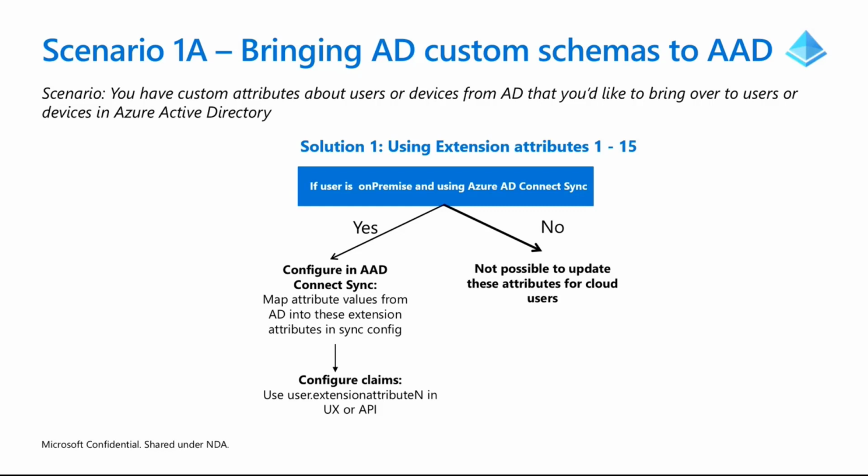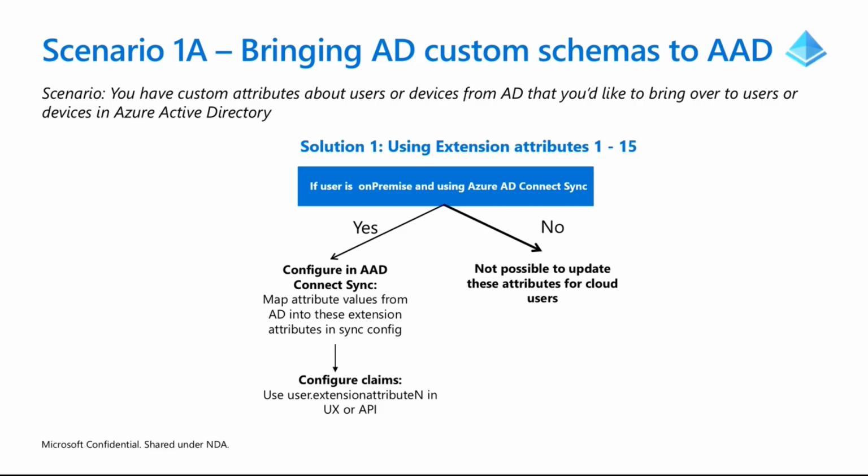Matthew, I can see your hand raised, so go ahead. Thanks. Is it true that extension attributes from Active Directory, extension attributes 1 through 15, are called something different in Azure Active Directory? Do they have a different name? No, they do not have a different name. It's called extension attribute 1, extension attribute 2.